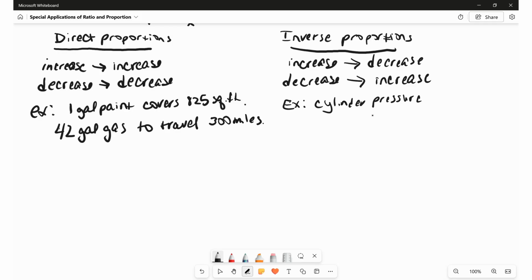And in an automobile, with regards to cylinder pressure, if the volume of gas increases, then the PSI decreases. And if the PSI increases, then the volume of gas decreases.